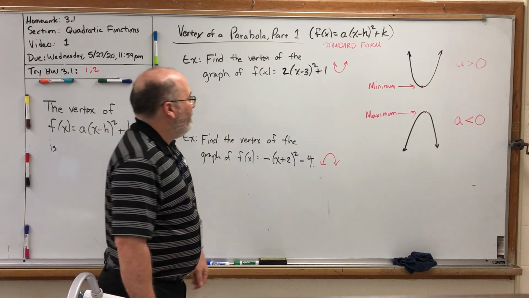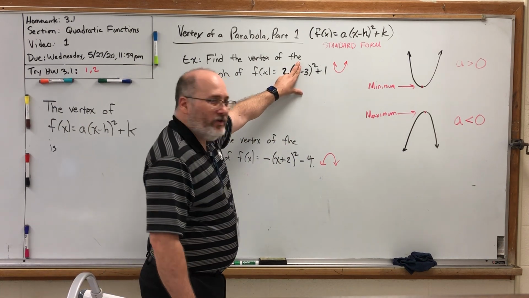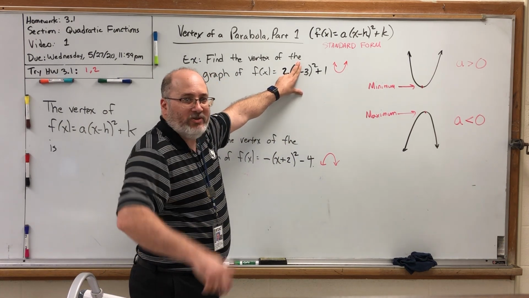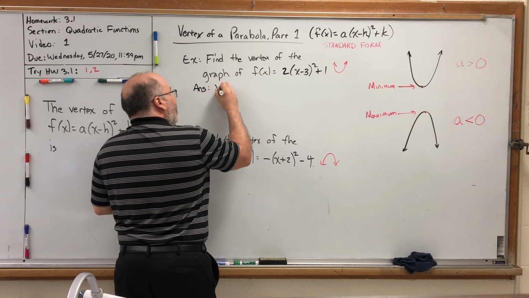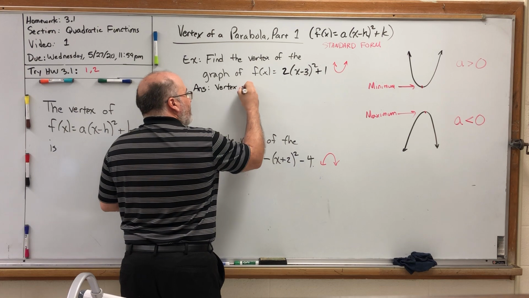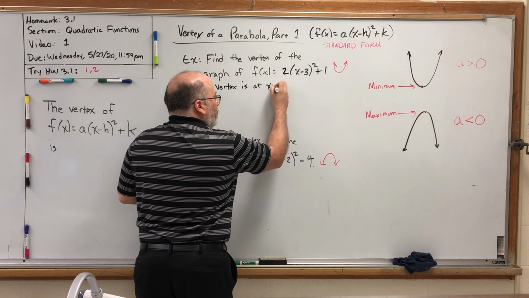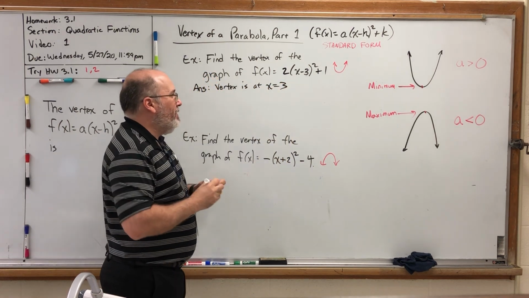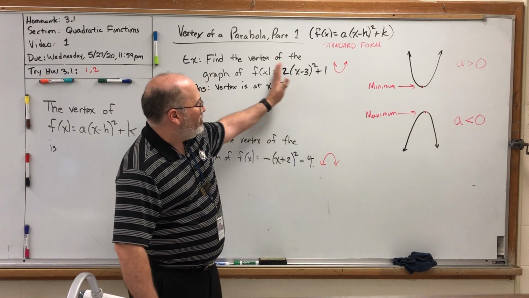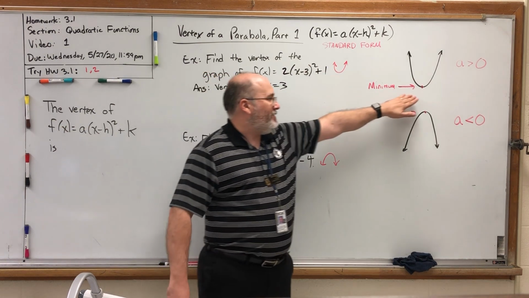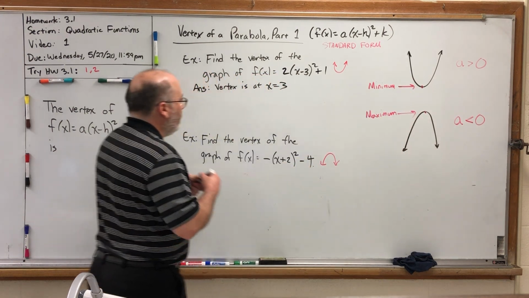Well, that's easy. What minus 3 equals 0? 3 minus 3 equals 0. So it kind of makes sense that the vertex is at x equals 3 because that'll give us the smallest value, not only with the squared parentheses, but for the result, and hence the minimum y value.